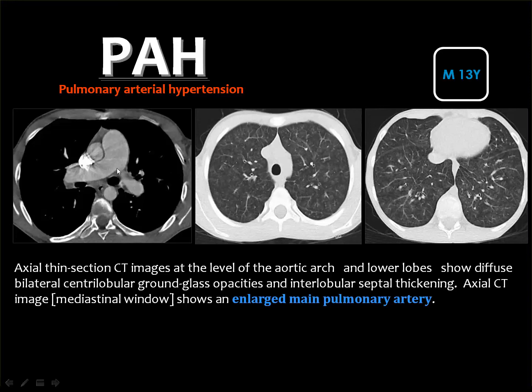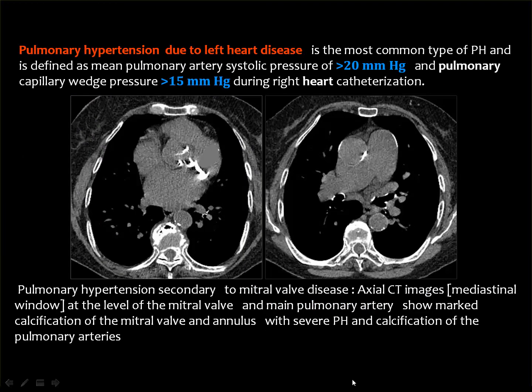Then if you look carefully here, you can see that the diameter of the pulmonary artery is larger than the adjacent ascending aorta.